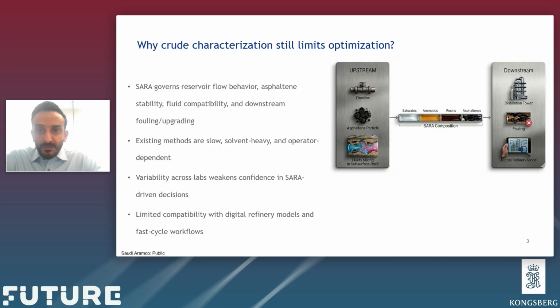Okay, so why does crude characterization still limit optimization? SARA composition impacts critical upstream and downstream behaviors. On the upstream side, it governs flow assurance, asphaltene deposition risk, and fluid compatibility, in addition to predicting fluid types in the subsurface. And on the downstream side, the SARA distribution can influence fluid stability, fouling tendencies, and upgrading pathways.